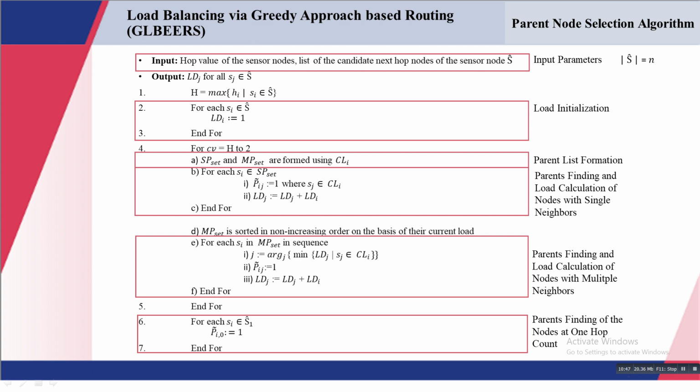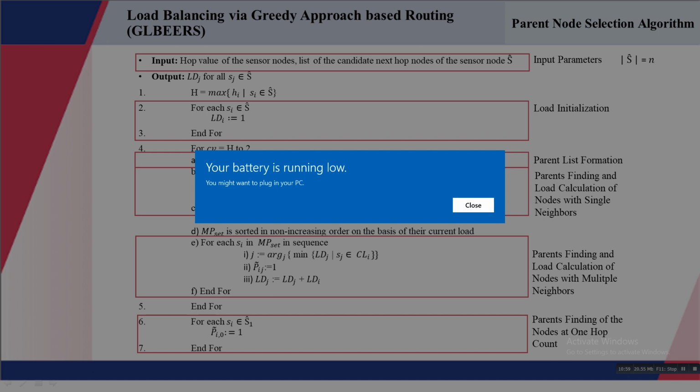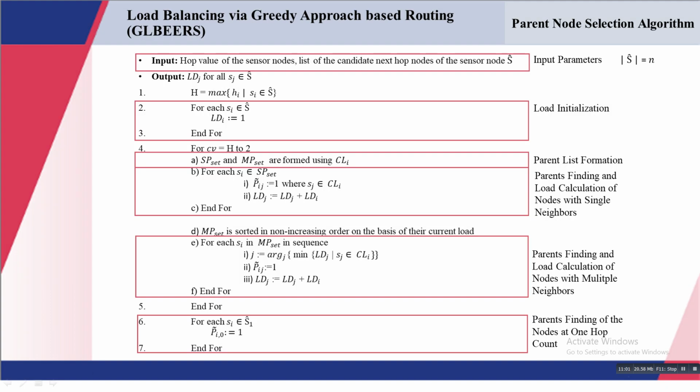At the end, here we show why step 4 is performed up to hop count 2. The nodes which lie at hop count 1 send their data towards the sink node in a direct manner. So they will have the sink node as their direct parent node.